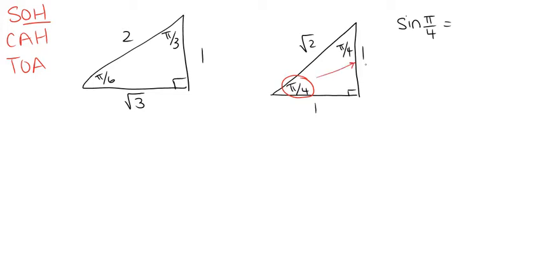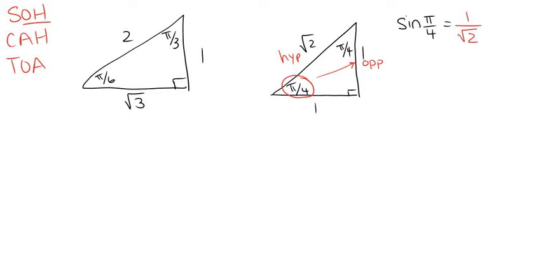My opposite side is this side, and my hypotenuse is always across from the right angle. Sine of pi over 4 is opposite over hypotenuse. And that gives us an exact value. There's no rounding there. We don't get some crazy decimal. We get the exact answer, which is what we want. I don't like decimal places.